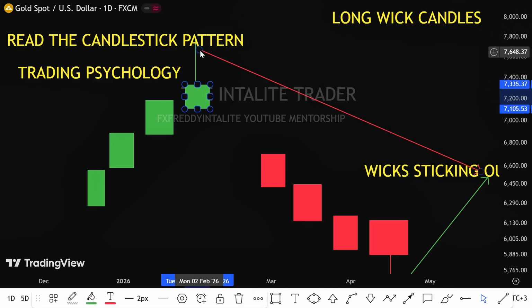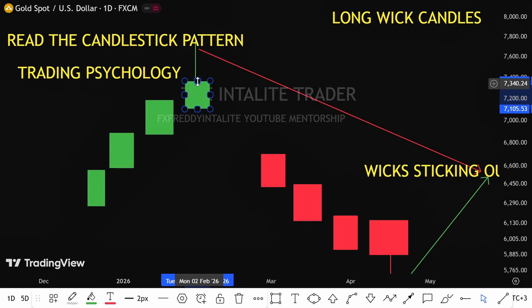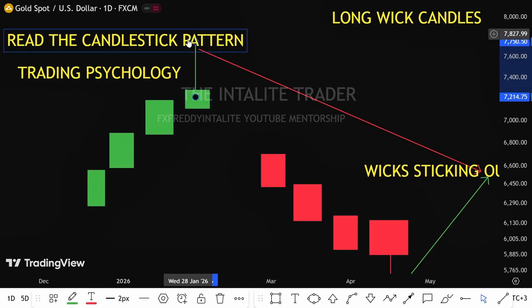Let's say there was a strong rejection. This candle would have closed bullish like these others, but there was a strong rejection by the sellers who are willing to push price lower. It also tells you there is a lot of profit taking by the buyers.